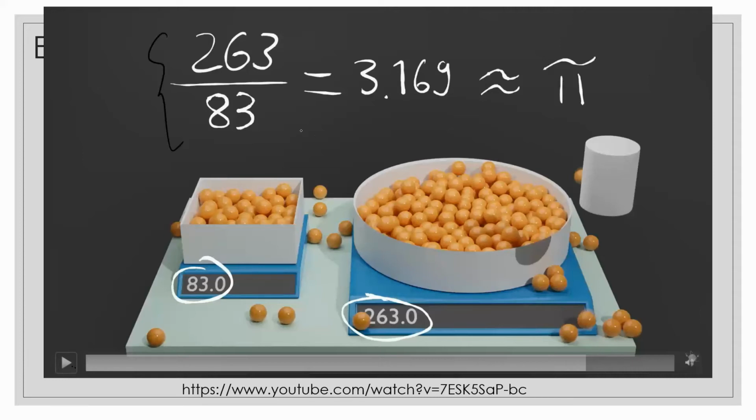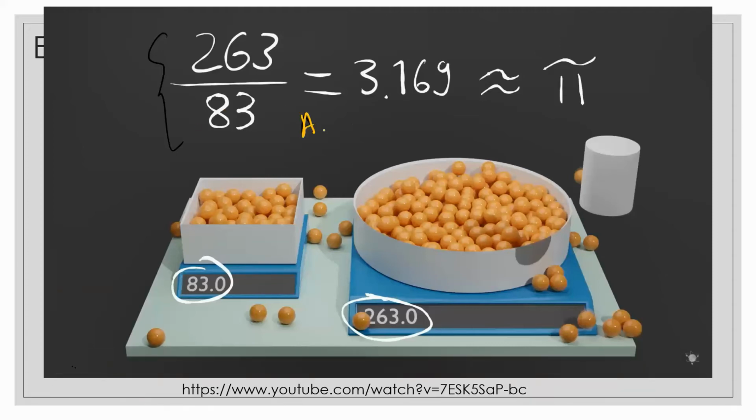We know that the area of a circle is equal to pi a squared, and the area of the square I can write as a squared. So here you can see that I am getting the value of pi.